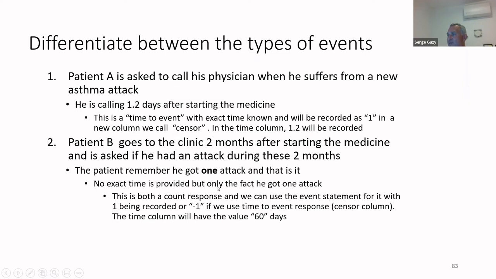No exact time is provided, but only the fact that he got 1 attack. This is a count response, and we can use the event statement for it, which is the statement linked to count time to event. But instead of putting a 1, we put a -1 to not be confused with the 1 that means exactly at that time I got an event.